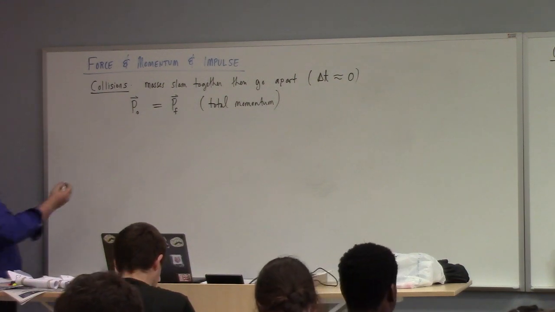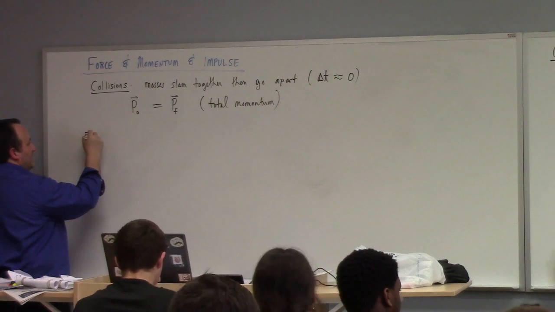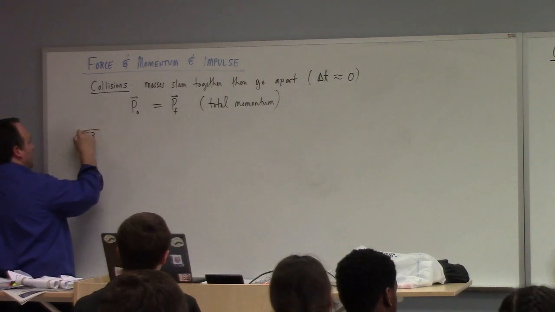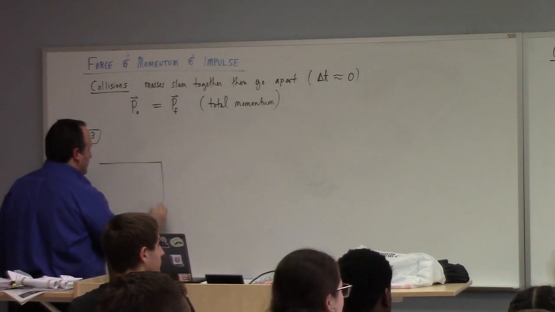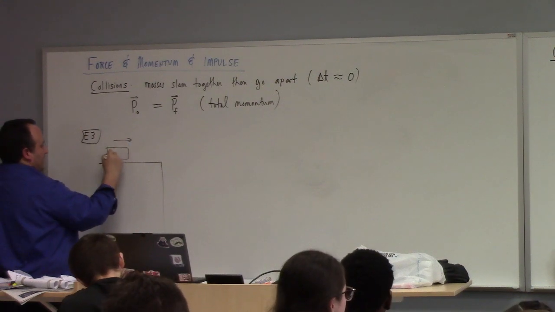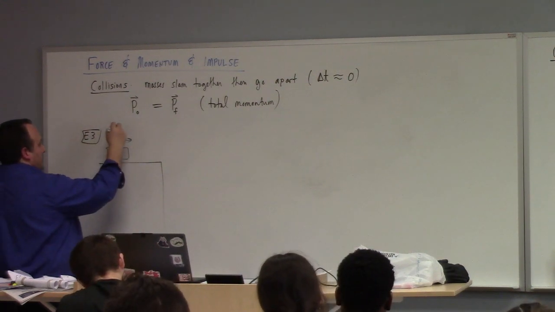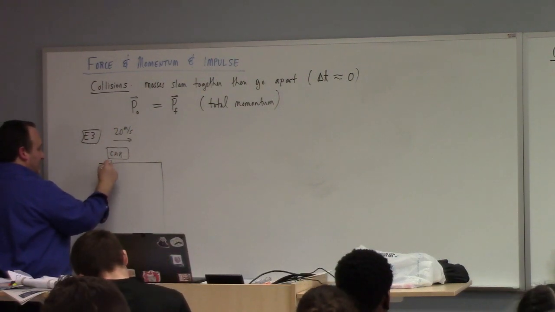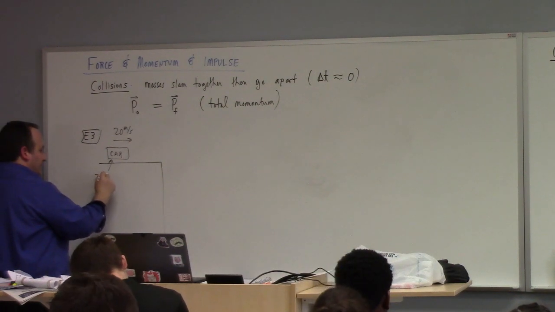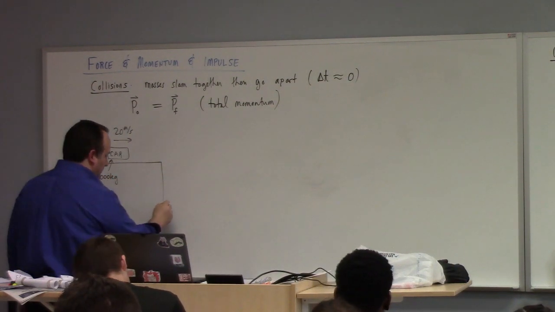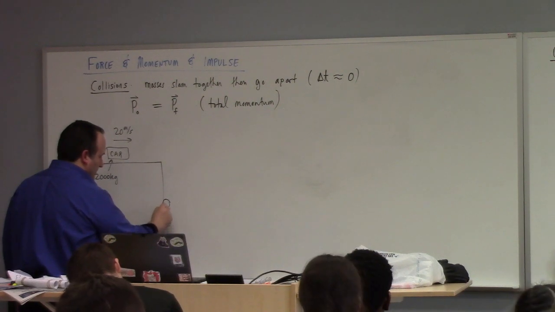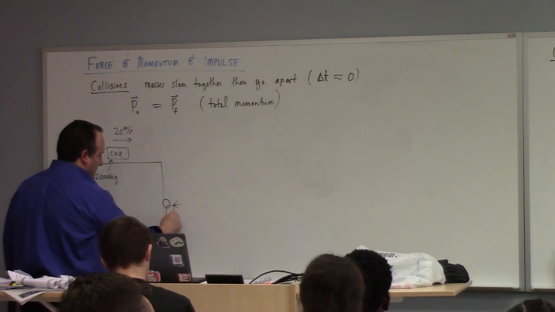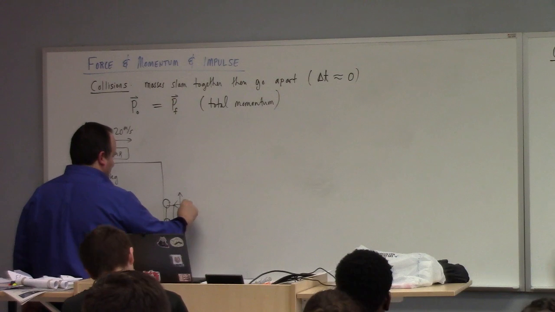Yeah. So, for example, example 3, I suppose. So suppose you've got a car, and maybe it's going, I don't know, 20 meters per second. And suppose that the mass of the car is, let's say, 2,000 kilograms. And then you have a bike over here, and maybe it's going 50 meters per second.